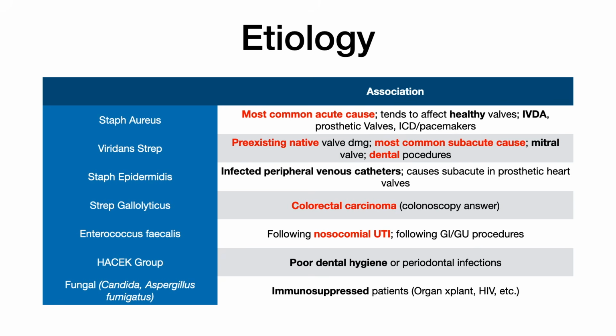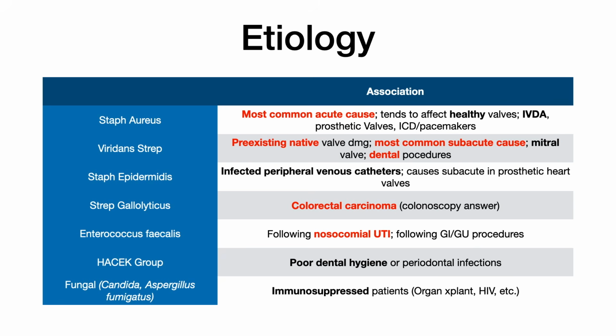So right off the bat, just epidemiology, especially if you're taking Step 2 or Step 3, understand that viridans strep is your most common cause of subacute, whereas Staph aureus is your most common cause of acute. And the reason that's important is if you're taking your exam, particularly COMLEX, which is notorious for being very vague with the way they ask questions, and you're making a total guess as to whether it's staph or viridans, or consequently if it's acute or subacute, you could guess based simply on the presentation.